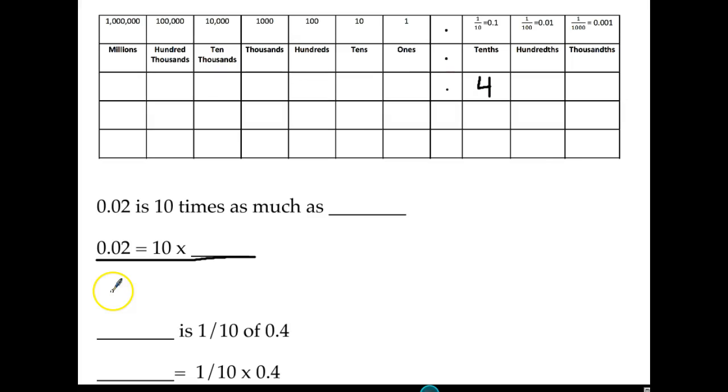Whatever it is, it's going to be smaller than 4/10 because it's 1/10 of it. And remember, whenever something is a fraction of something else, that means it's smaller than that something. So kind of like we did before, it's actually going to be in the hundredths place. 4 hundredths is 1/10 of 4/10.